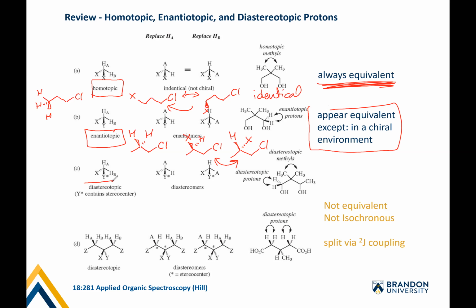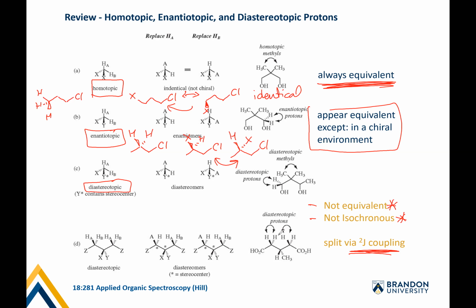Now, diastereotopic protons, however, are not equivalent and they're not isochronous. So they can be split with J2 coupling. On some occasions, they might coincidentally overlap, but often they're not equivalent and they don't have the same coupling constants. So they will couple with one another, which is interesting.